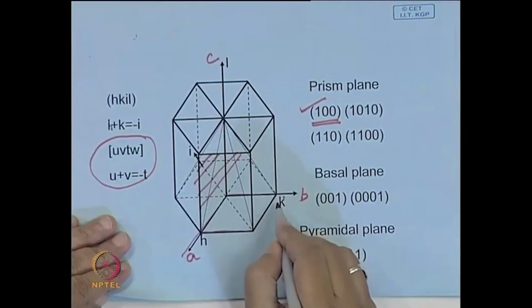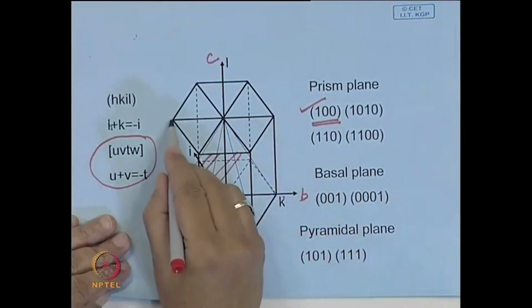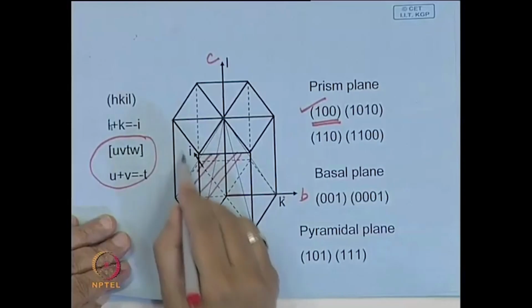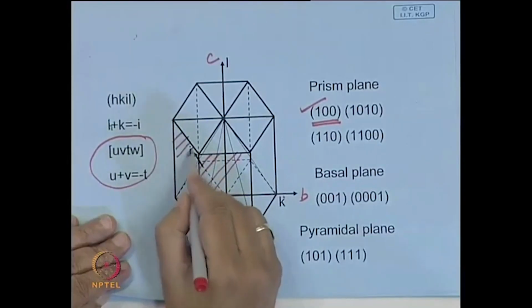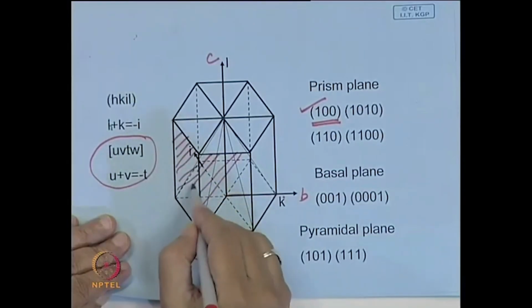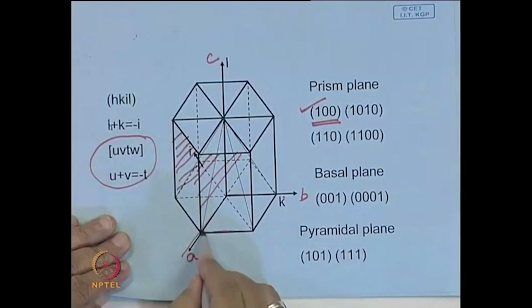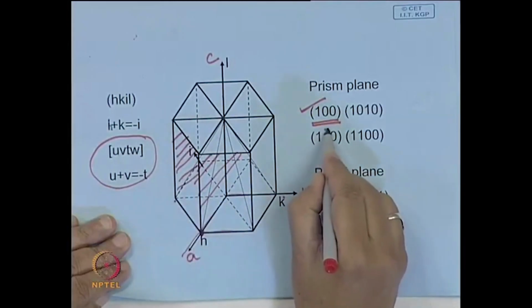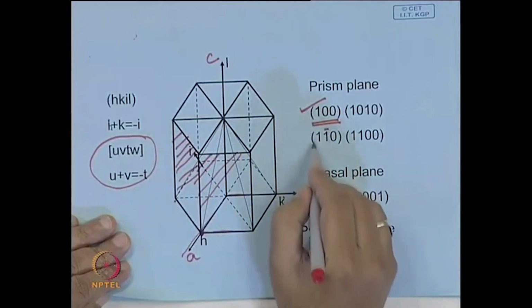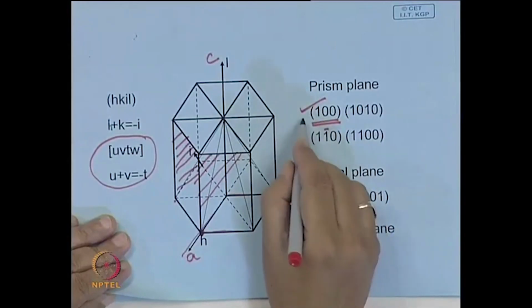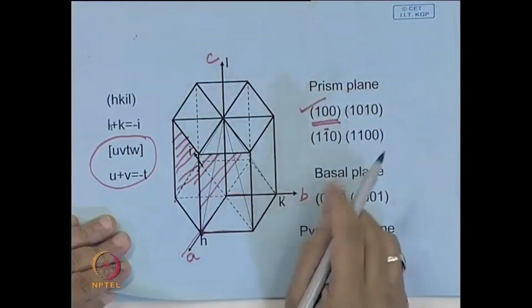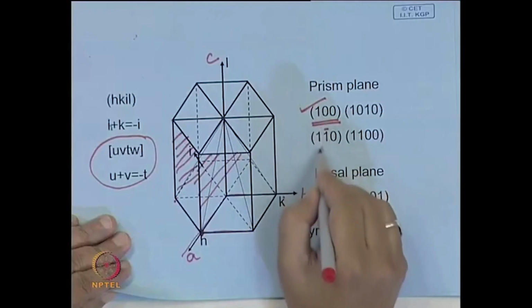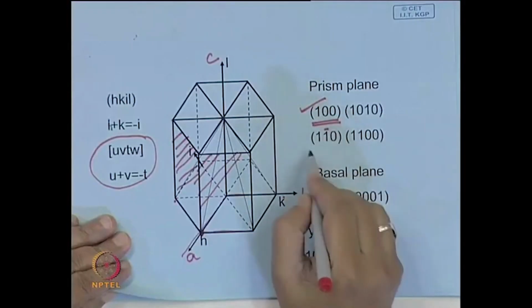But look at another prism plane, say suppose this, they are identical crystal planes. It intersects A at 1, B at -1. So, it indexes this, but looking at the indices, although they are the same, they look different in the indices.